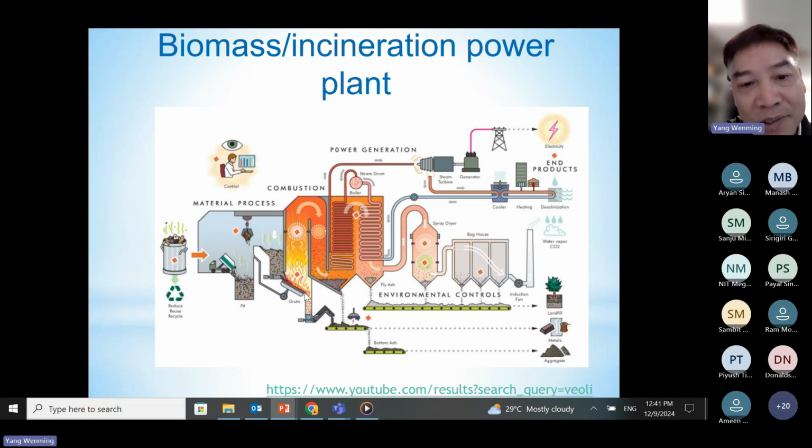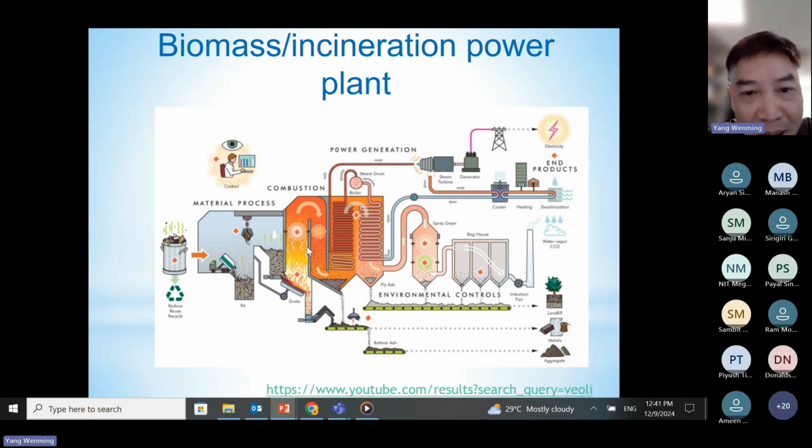This grate can vibrate, and thereby moves the rubbish or solid waste down from the entry to the exit. So the fuel will be burnt in the furnace, and the heat will be released.